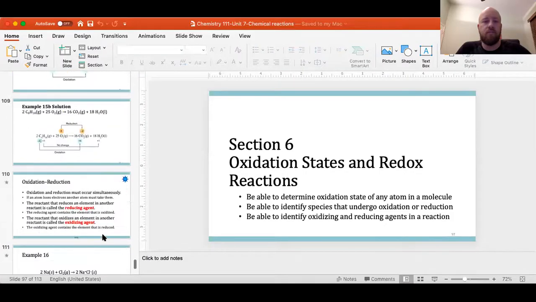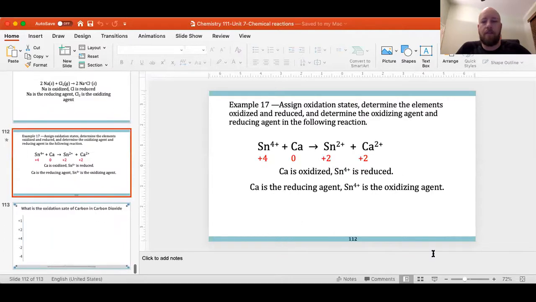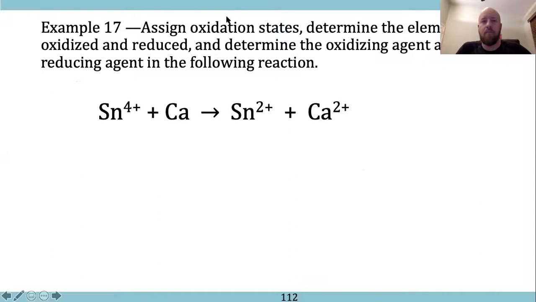Good question. Why does it go from 0 to positive? Let's go back to the last problem. It's losing negative charges.